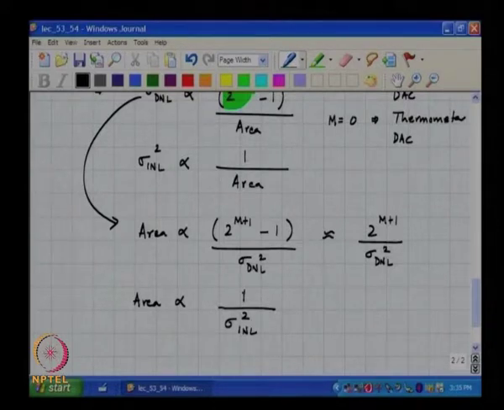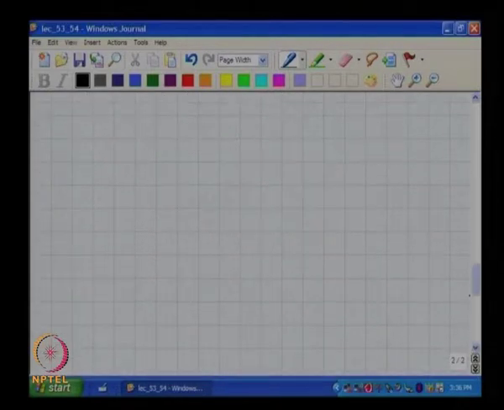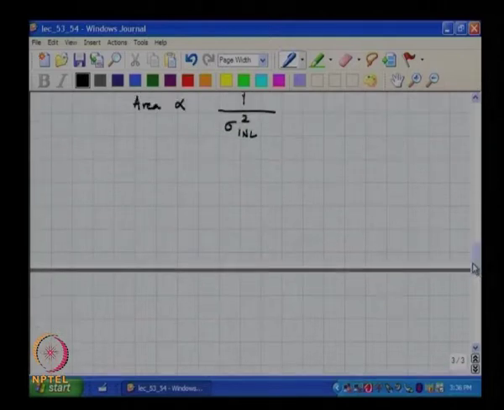What are we trying to do now? So, what we are trying to do is to figure out if there is a sweet spot with respect to choosing the degree with which one segments the DAC, right, and what is our objective function?